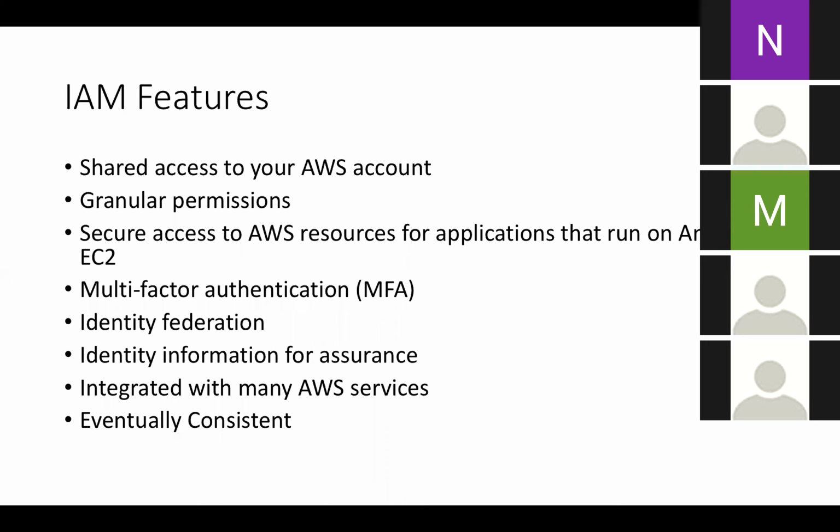It means when you're installing any application on EC2, if you're assigning IAM policies to it, it will allow you to run. Also, it will enable you to do multi-factor authentication, which is self-explanatory. It will allow you to do identity federation.